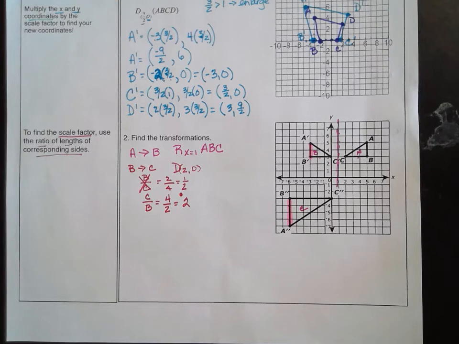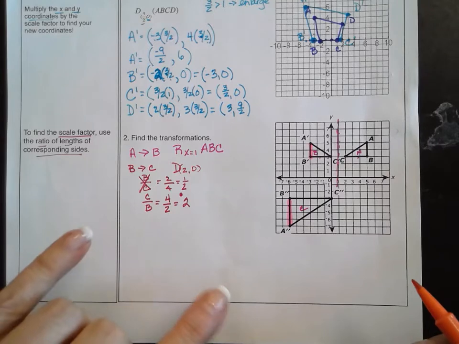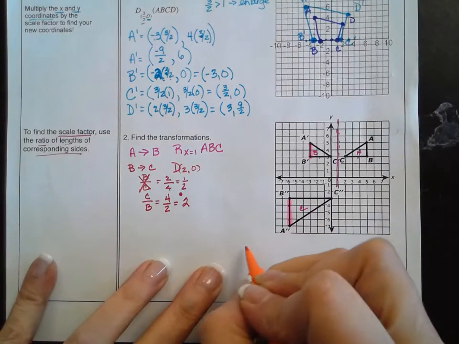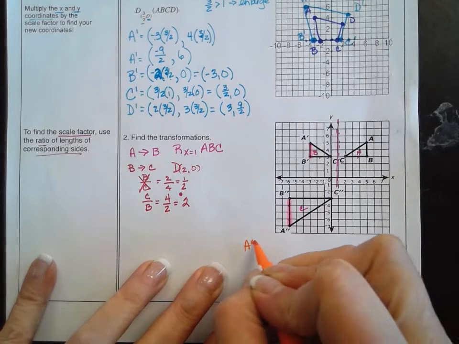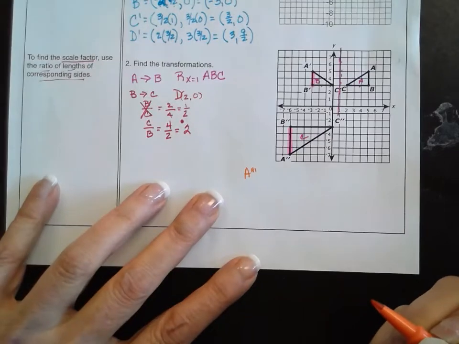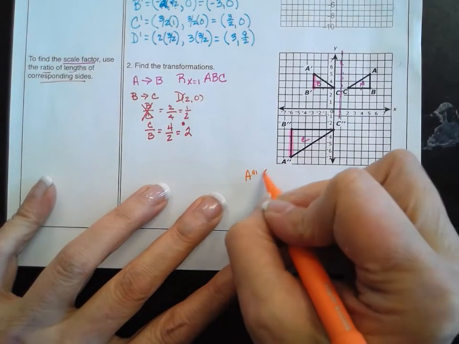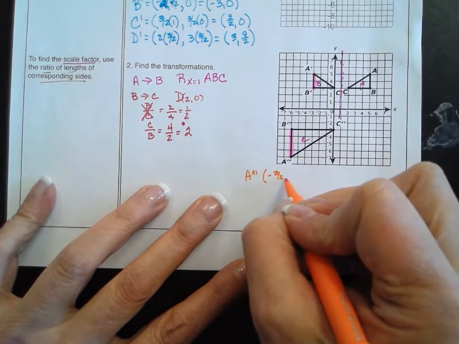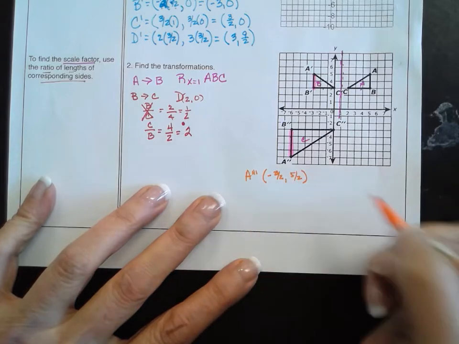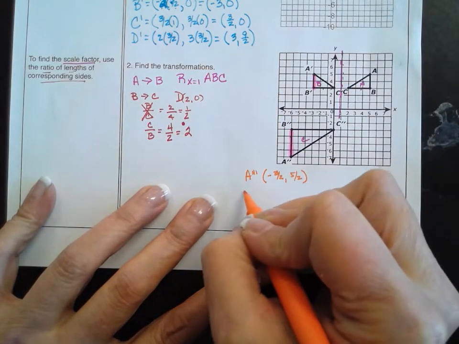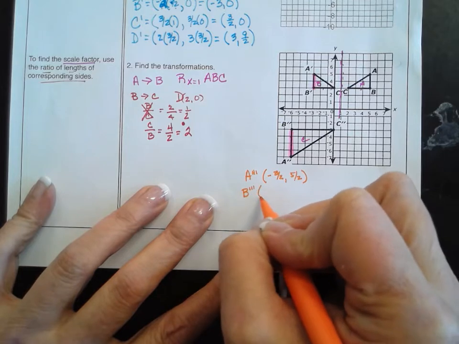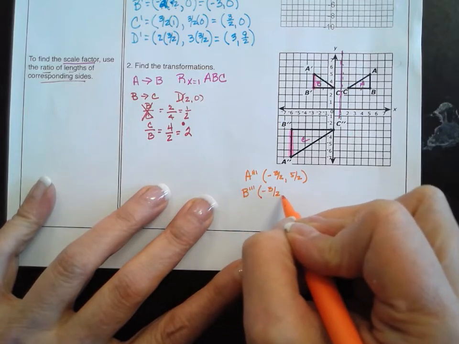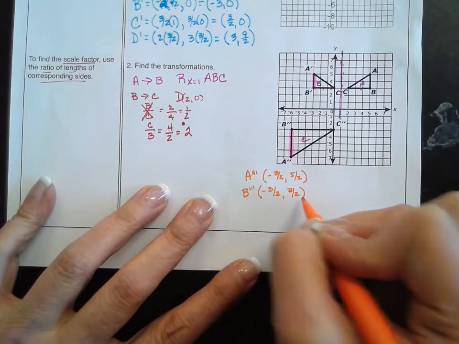ones that we had done the other day. So here's what I'd like you to do. Let's plot an A triple prime at -3/2, 5/2. A B triple prime at -3/2, 3/2.